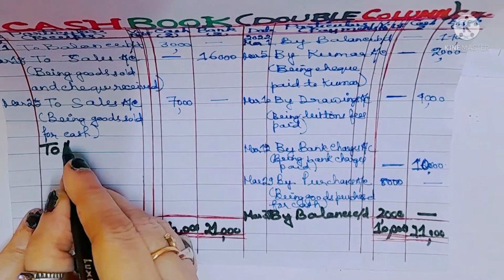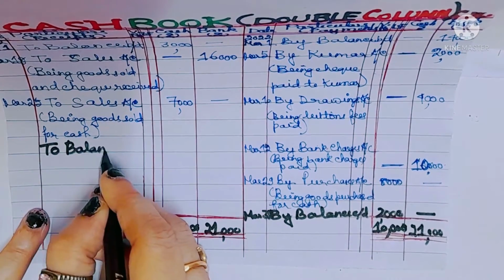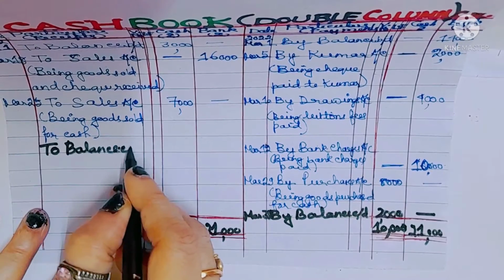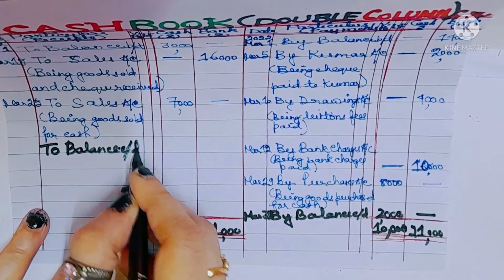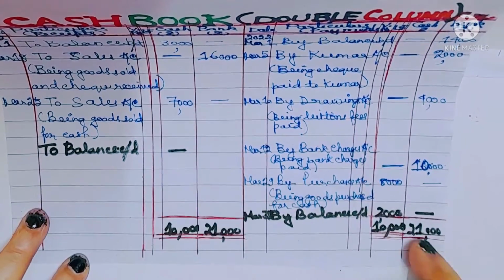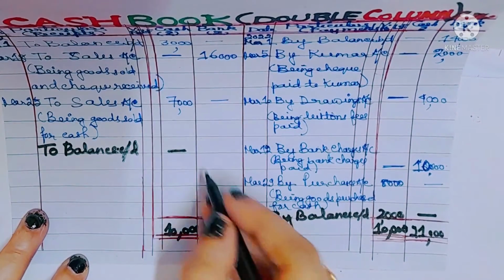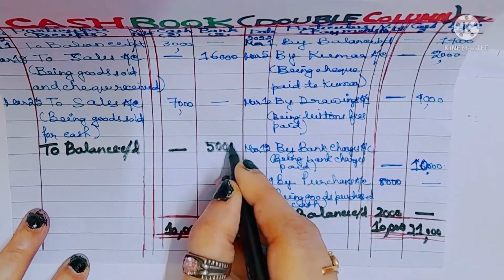So we'll have to write to balance CD. How much? 21,000 minus 16,000, that is 5,000. Understood?